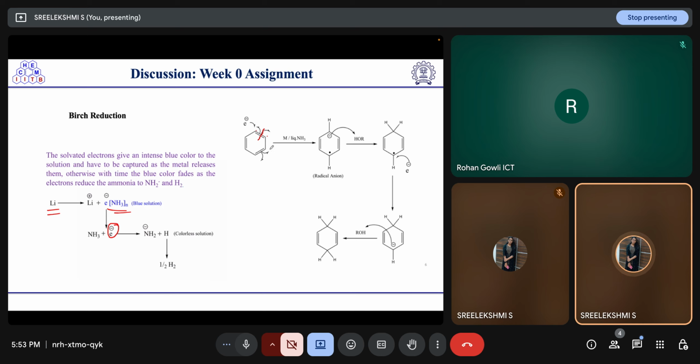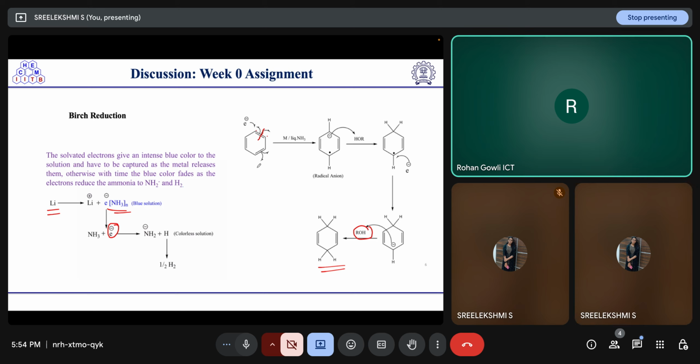This other radical can migrate over the entire aromatic ring, and then one more electron will add to this radical and form this minus charge. Then from this alcohol, which is also required for this Birch reduction, protonation of this negative charge will happen and we will get this hydrogenated product. So basically we had three double bonds here, now we have only two double bonds. It is not dehydrogenation, it is hydrogenation, sorry.